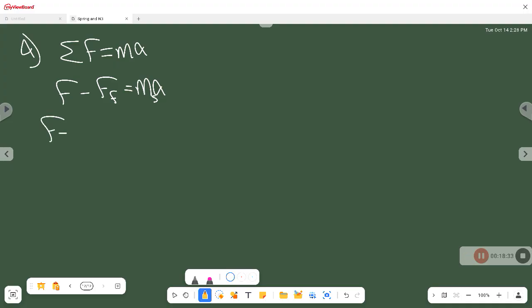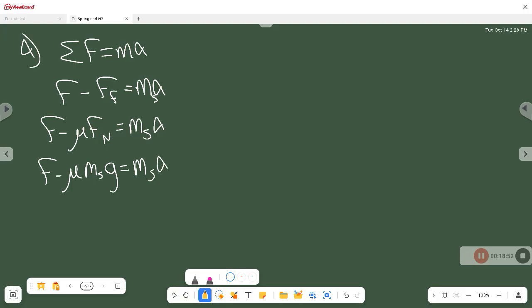So we have F minus, well, the equation for force of friction is mu times Fn. We know that Fn is equal to force of gravity in this case, so let's swap that out with m times g. M is going to be the mass of the whole system times g equals ms times a. I think I'm ready to plug numbers in here.